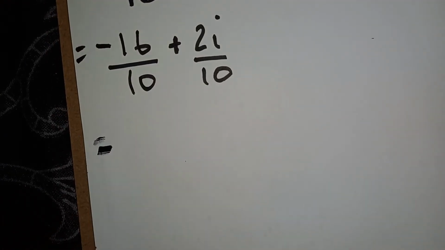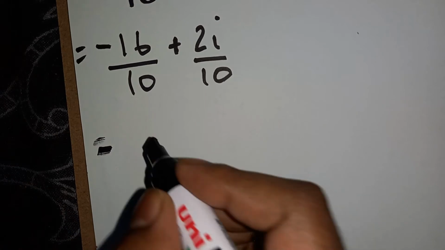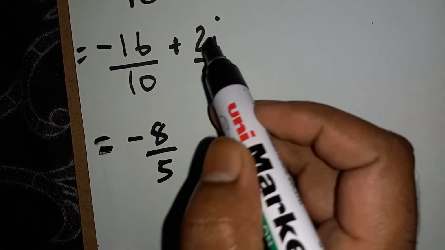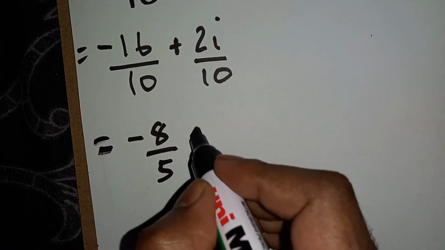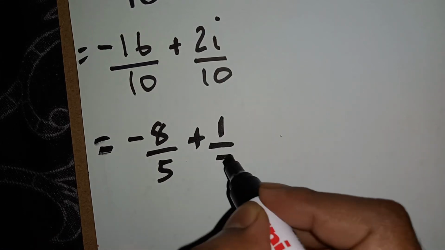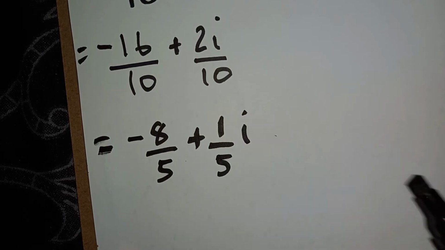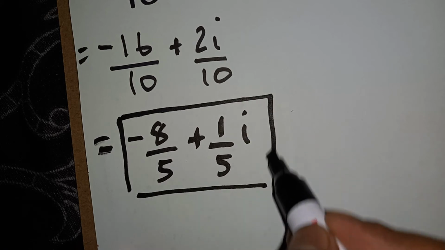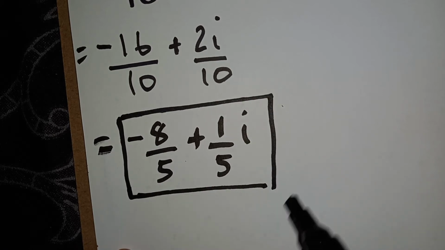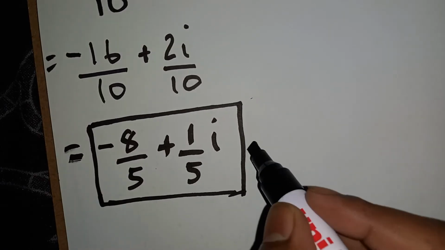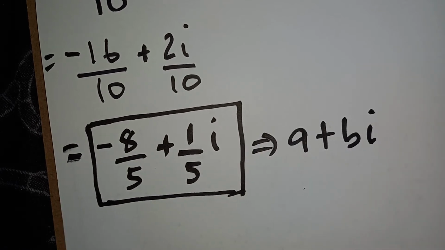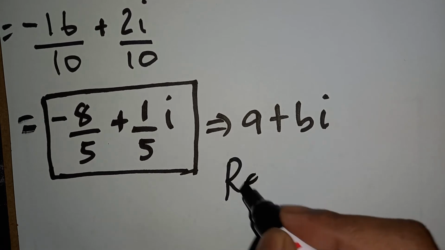If I simplify this further, I will get minus 8 over 5, and 2 divided by 10 will be plus 1 over 5, and this i is going to go there. So this is our answer when we divide the two complex numbers. This is in the form of a plus bi, which is called the rectangular form.